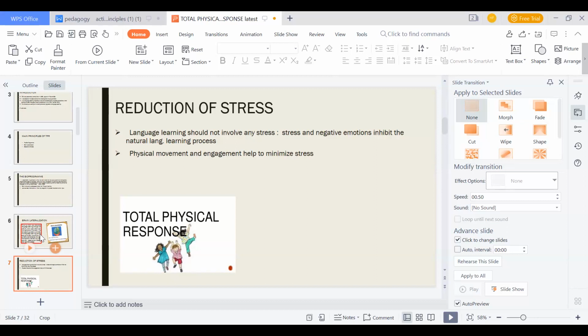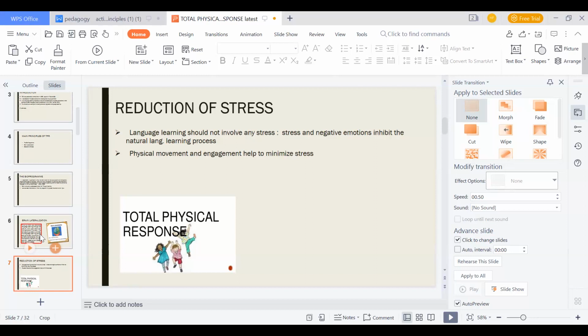So in TPR, lots of physical activities are given to the students before they start speaking, right? They are supposed to listen, comprehend, and physically respond in TPR before they speak. So that safe zone that you create before you get them to speak actually reduces their stress. Language is learned when the stress is reduced.